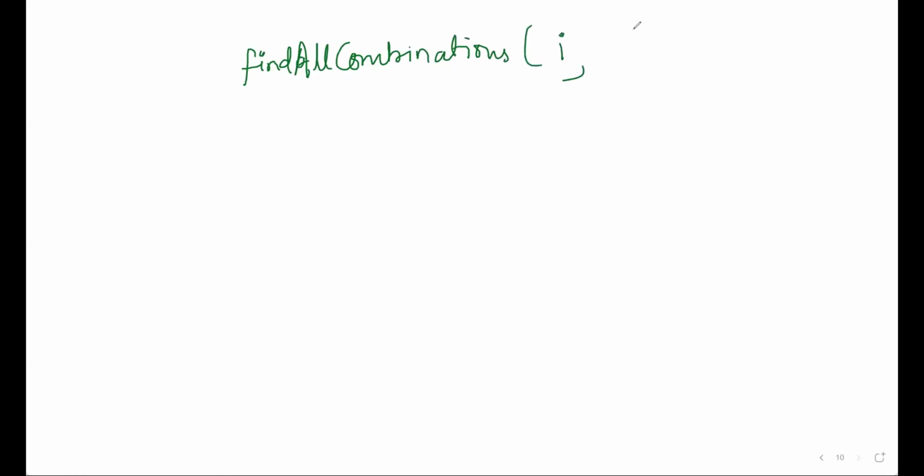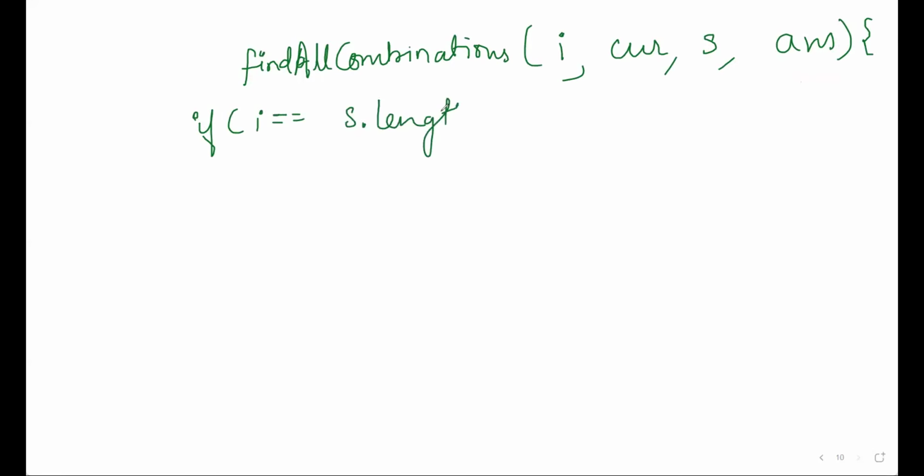Obviously, I have an index, I have a current substring, and I have my original string, and I have answer, which will store the final strings or combinations of letters. What is the base condition? Very simple. If I am going to the invalid index, which is I is equal to length of string, this is the invalid index. So this can act as my base condition.